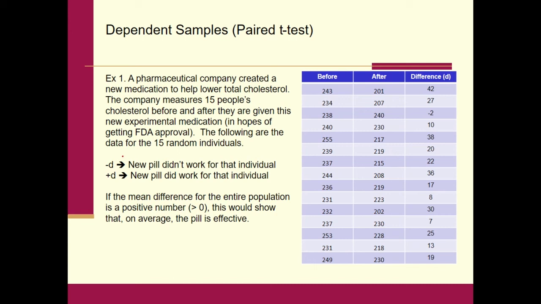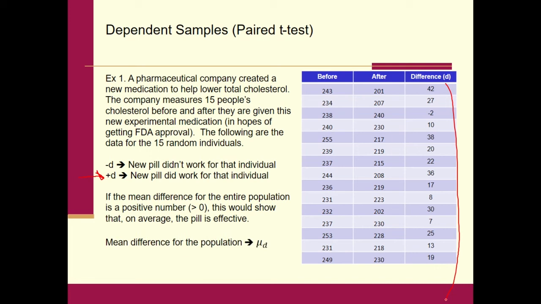Why? Well, because every time that we saw a positive D, that means it was effective for that individual. So if you see a positive D for the entire population, not just the 15 people, this would show on average the pill is effective.